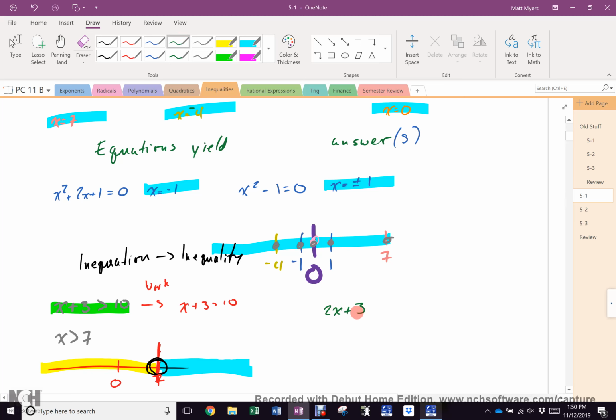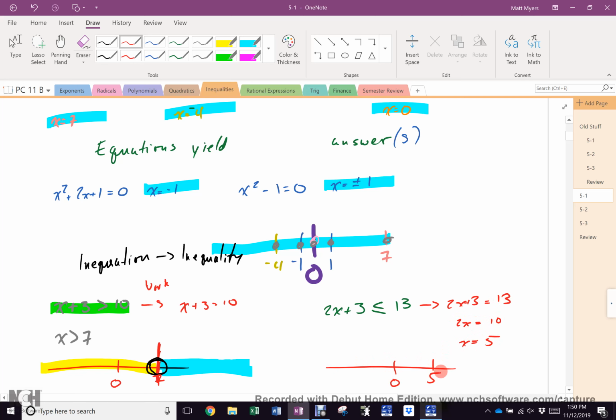So what if I gave you this one? 2x plus 3 is less than or equal to 13. What would you do? The work would be as if it was equal, right? So what would you do? 2x equals 10, x equals 5.